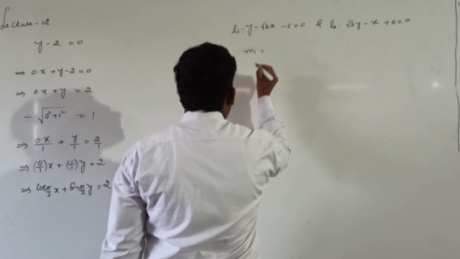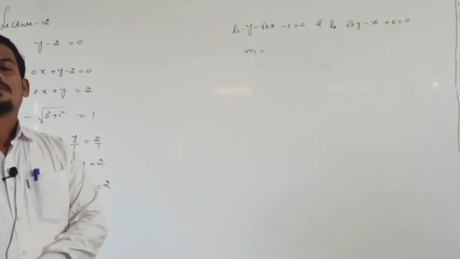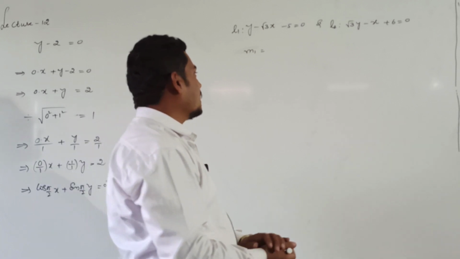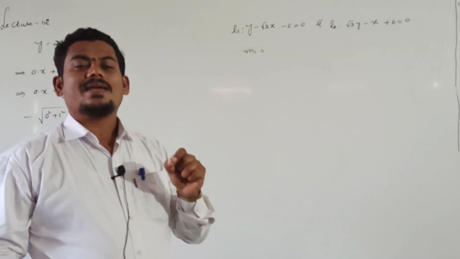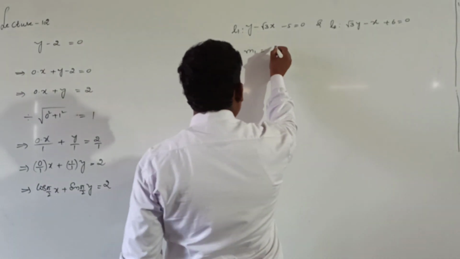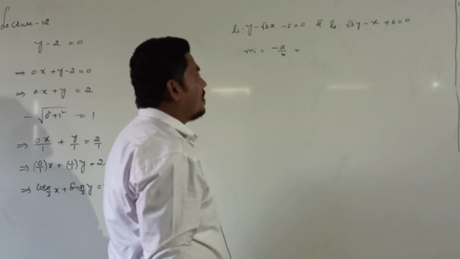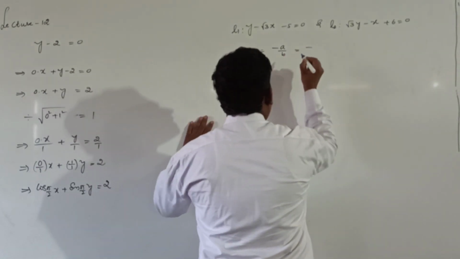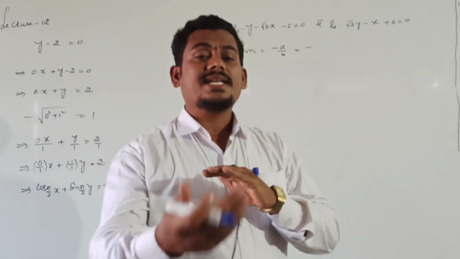m1 is equal to what is the formula? Slope of line 1 is minus a divided by b, with the negative sign as it is. What is the meaning of a? Clearly a is the coefficient of x.